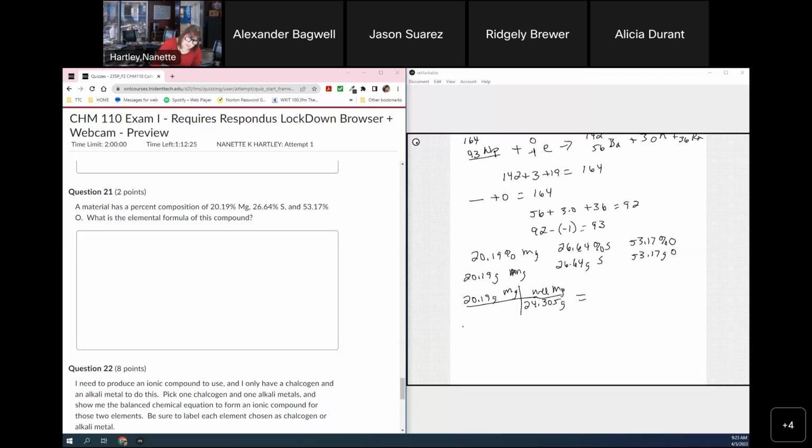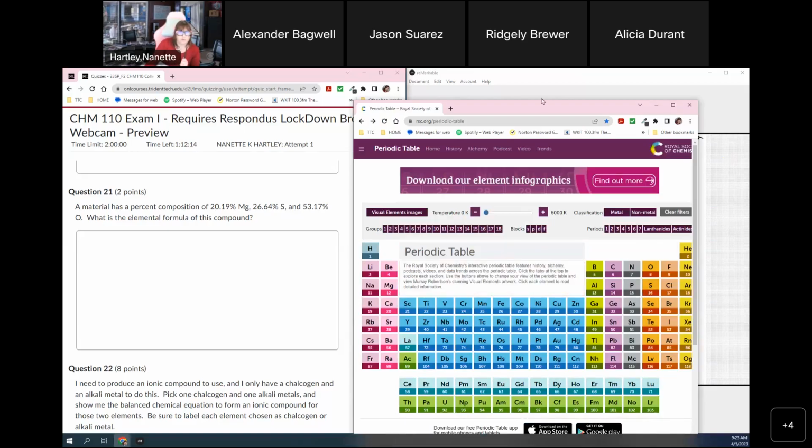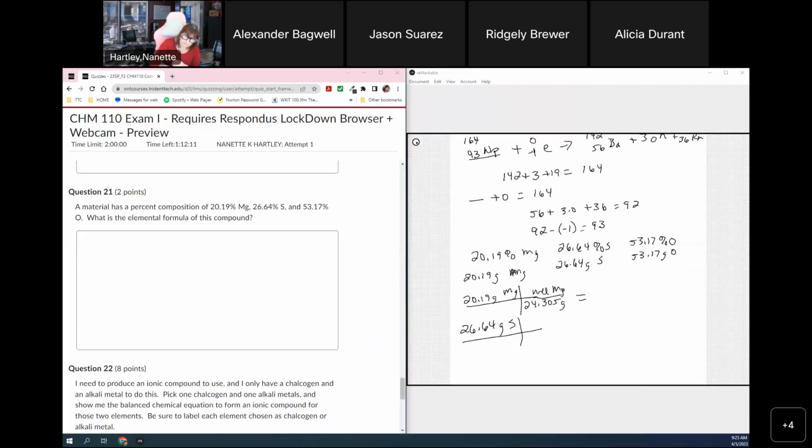I would set up the same calculation for the 26.64 grams of S. I will divide that by the molecular weight of S, here, 32.06. And I will set up a calculation for 53.17 grams of O, and 1 mole of O is 15.999. That would give me a number of moles for each of these.